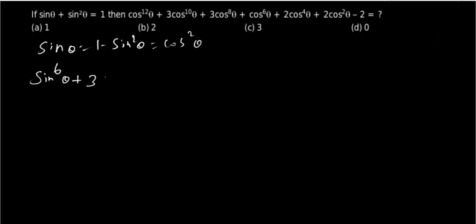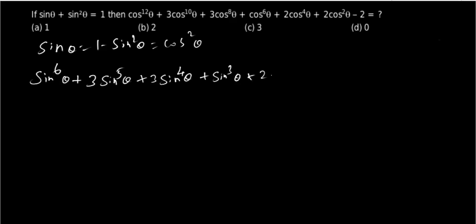Plus 3 times cos to the power 10 theta becomes sine to the power 5 theta. Plus 3 times cos to the power 8 theta becomes sine to the power 4 theta. Plus cos to the power 6 theta becomes sine to the power 3 theta.